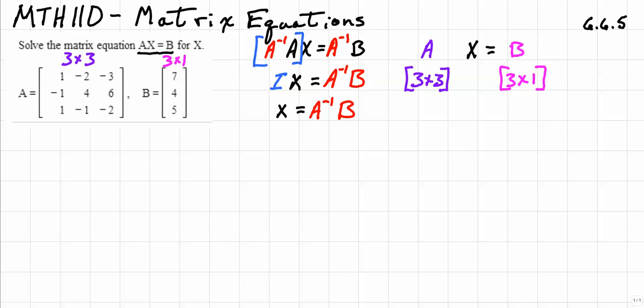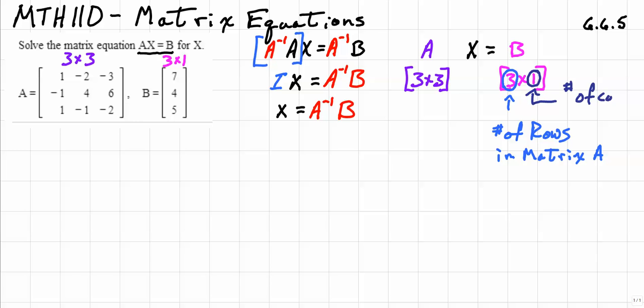We know from our definition of matrices and matrix multiplication that this number is going to be the number of rows in matrix A, and we know that this will be the number of columns in matrix X. Which means that this must be a by 1 matrix.